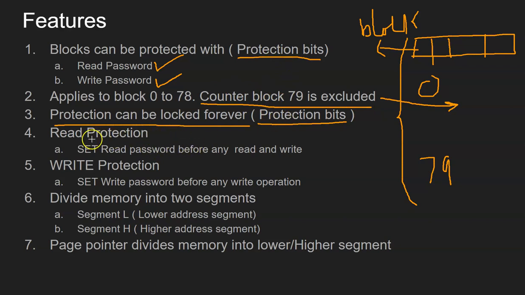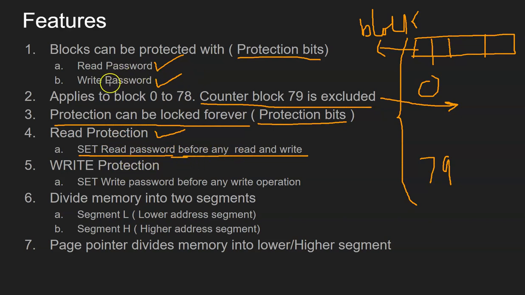Now, the way read protection works is, if the block is read protected, you have to first send the read password before any read and write. If the block has only the read password, writing is still controlled or protected by the read password.